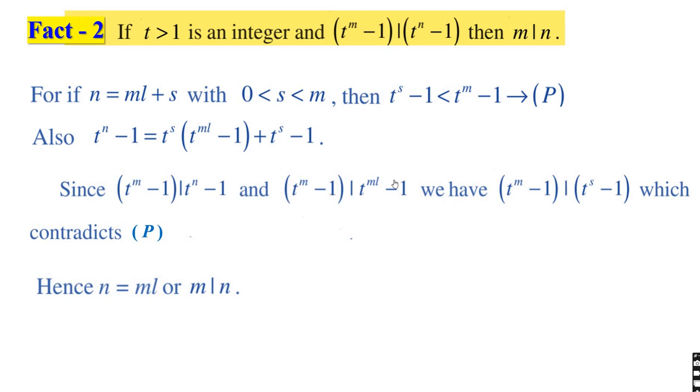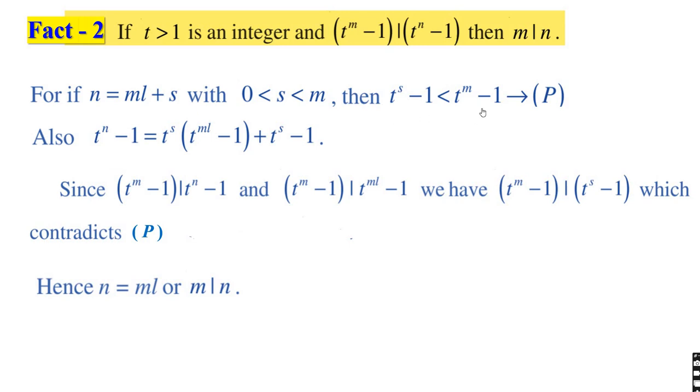So because of these two, we have t power n minus 1 being divisible by this, and this is also divisible by the t power m minus 1. Our t power s minus 1 should be divisible by this. So t power m minus 1 divides this, which contradicts p. In this we have said that this is greater and this is lesser, and here we are getting the other way around.